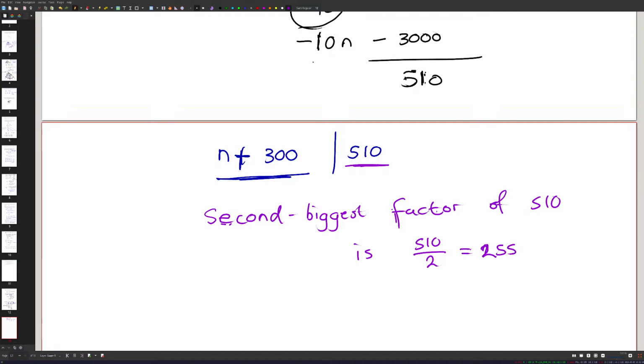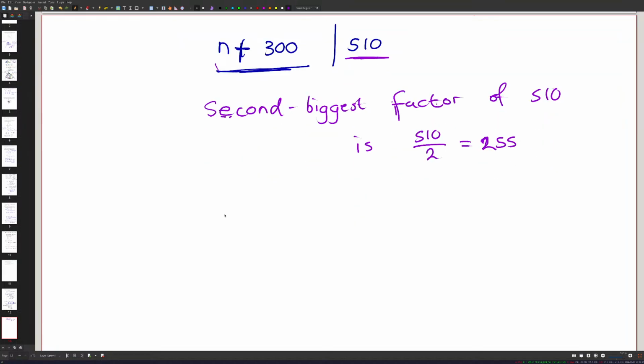So this is bigger than the square root of 510, but it's not true that a number only has one factor bigger than the square root. The factors come in pairs, where one number in the pair is smaller than the square root and one number in the pair is bigger than the square root. But we do know that the second biggest factor is just 510 divided by the second smallest one, which is this 2 over here.